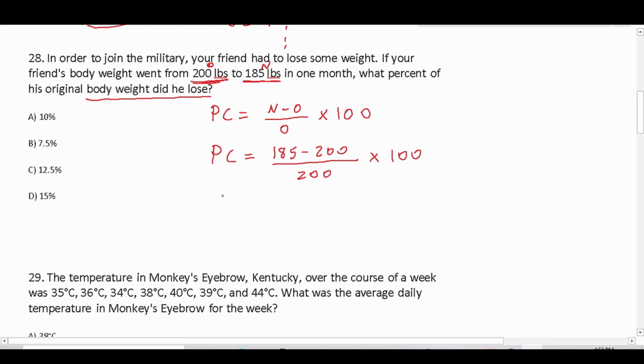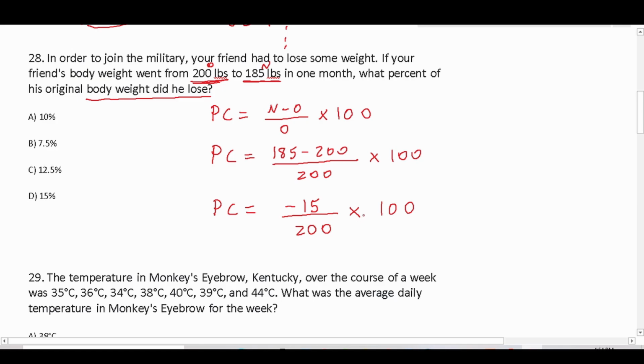Let's go ahead and work this out step by step, since many of you probably haven't worked with fractions in a while. 185 minus 200 is negative 15. Okay, that's over 200 times 100. Let's keep working this out.